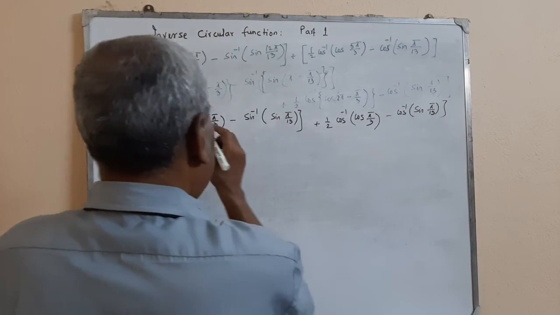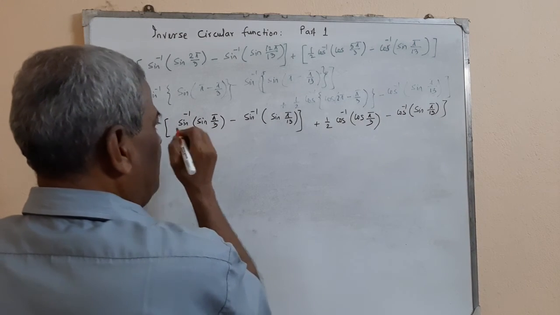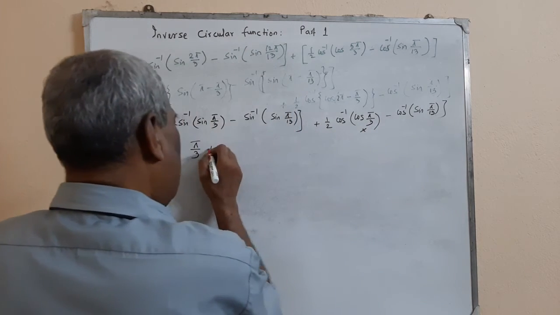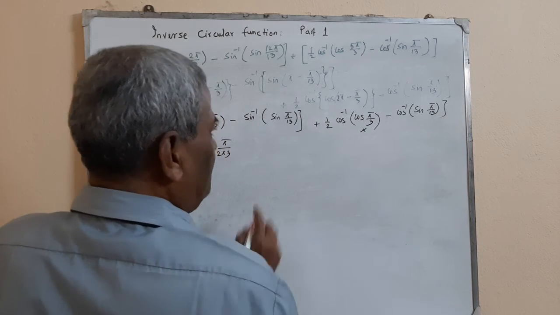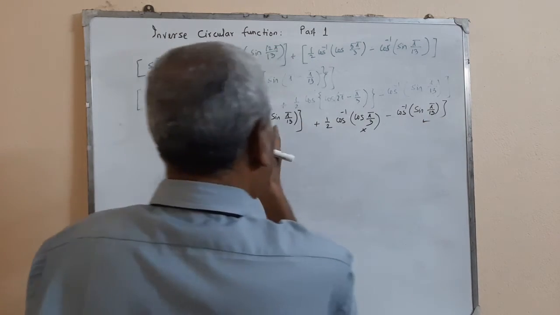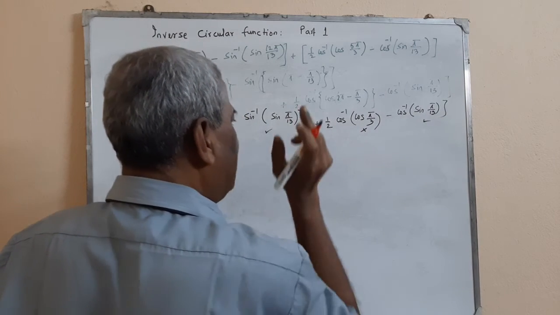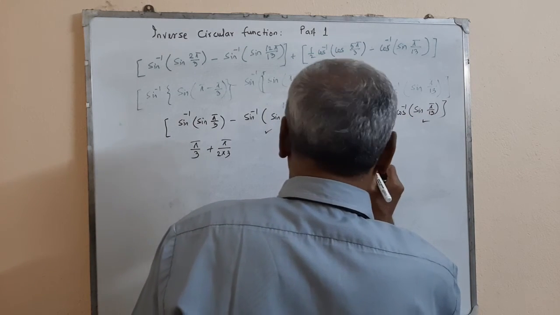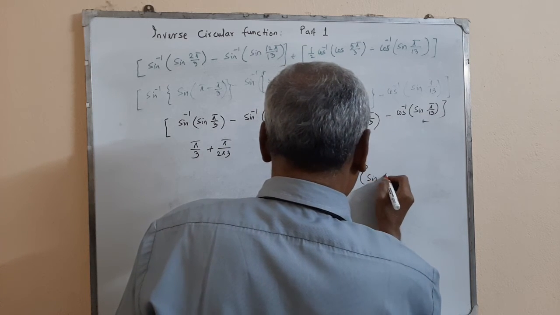Now consider this. It becomes now pi by 3. This becomes pi by 3 multiplied by half plus pi by 2 into 3, 2 is this 2. After that, this one and that one, taking minus common, it is sine inverse sine pi by 13 plus cos inverse sine pi by 13.